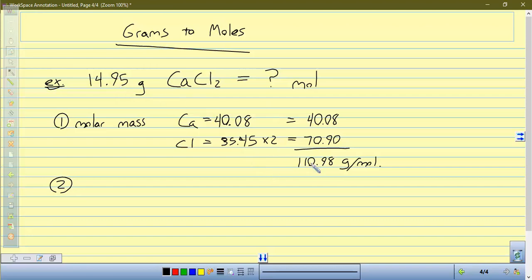And that makes sense. If I divide, I'm going to get a number less than 1, and that's what I want. Because this 15 grams is less than this, so that means I have less than 1 mole. Okay? So, 14.95 divided by 110, 0.98. A little sloppy there.